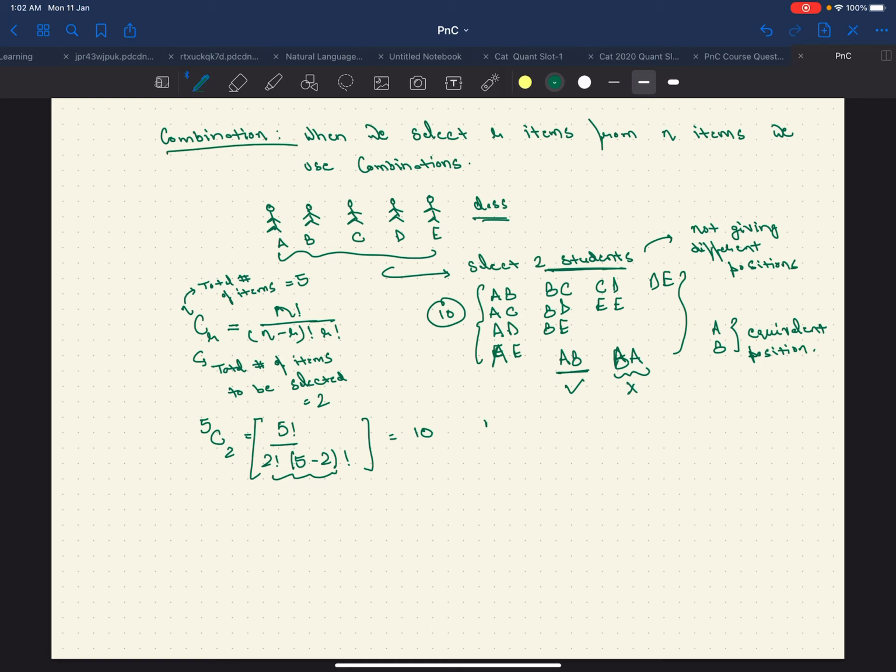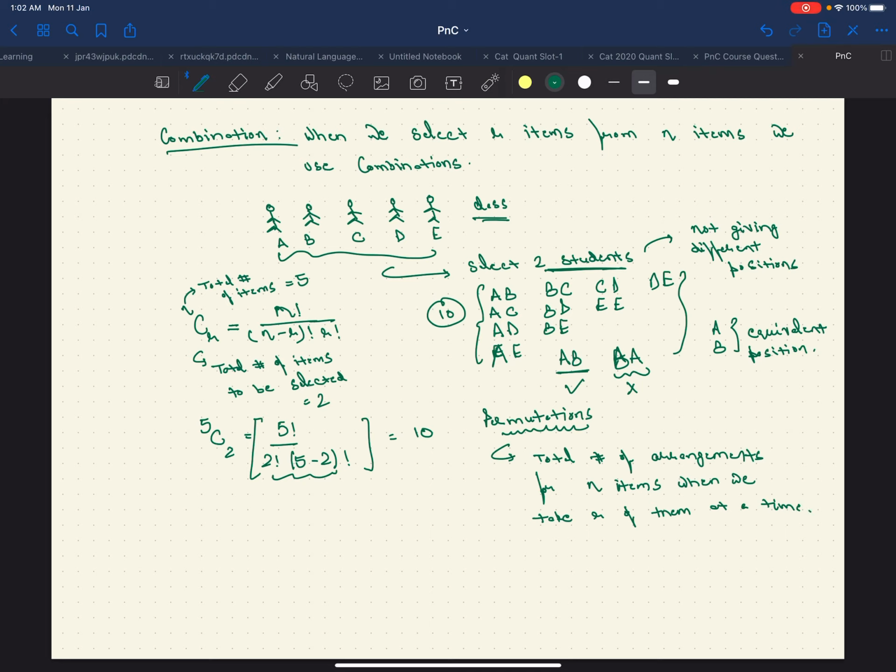So now let's see what is permutation. Permutation is nothing but the total number of arrangements for n items when we take r of them at a time.